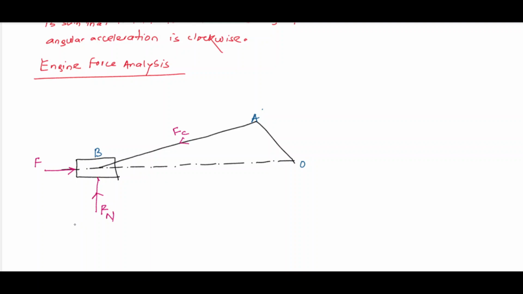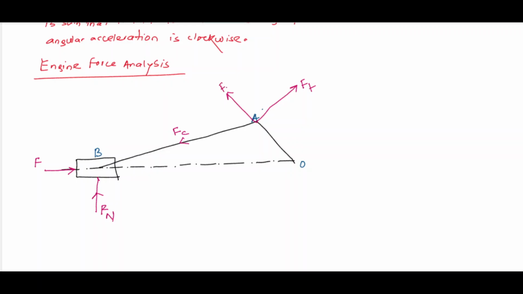Then we have a crank effort, which is normal to the crank. It is denoted by F subscript T, known as crank effort. Then we have the thrust and the bearing, denoted by force Fr.